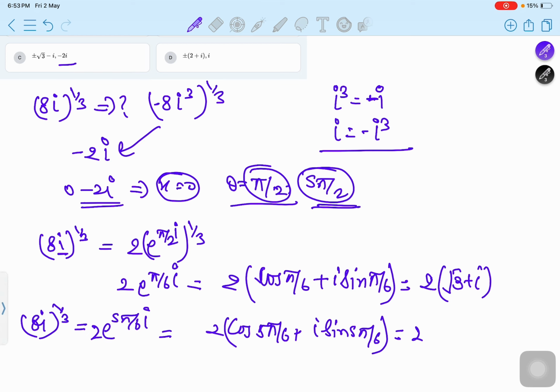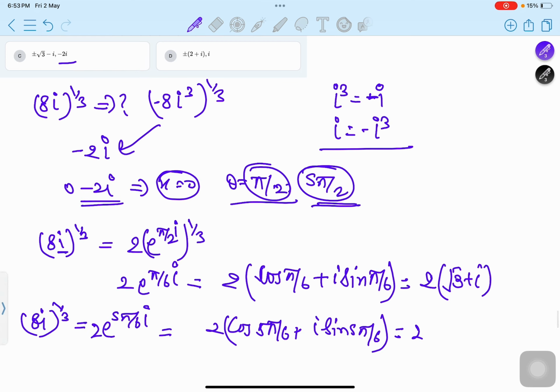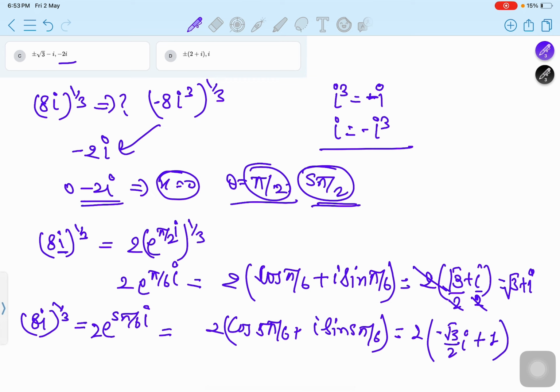Okay, so 2 times, and 5 pi by 6 in terms of this one is 1 by 2. Okay, so 2 cancels out, so it is root 3 plus iota. So cos pi by 6 is root 3 by 2, and the other is pi minus pi by 6, or 2 pi plus pi by 6.